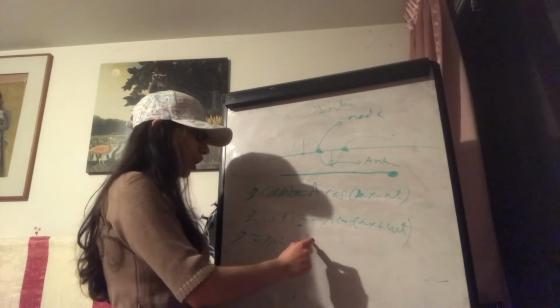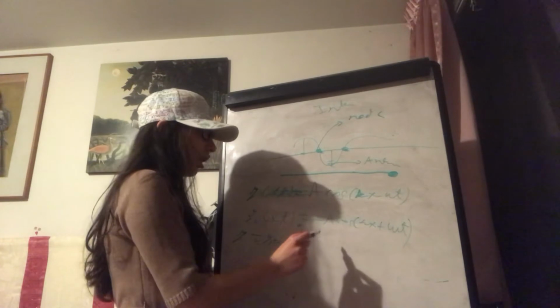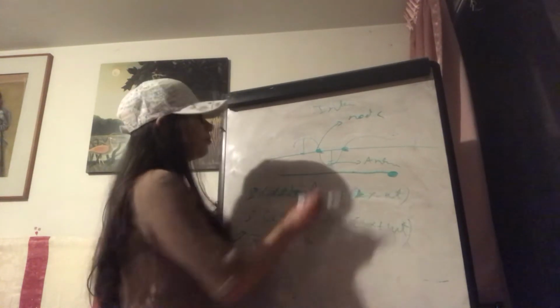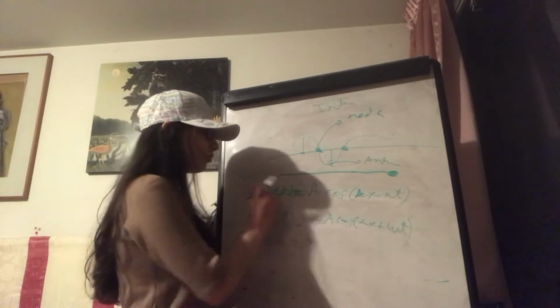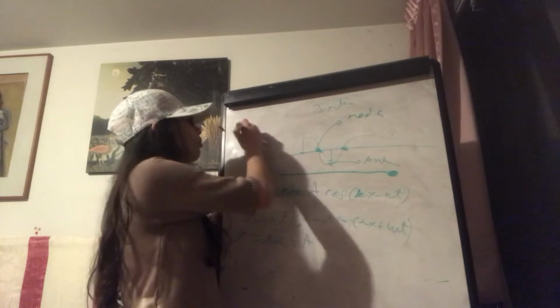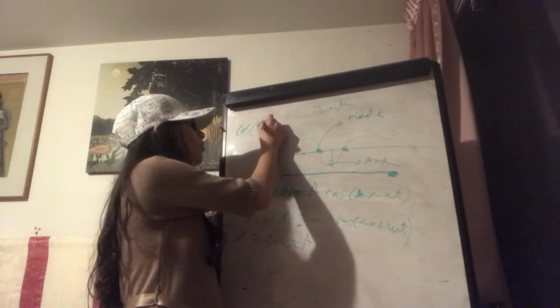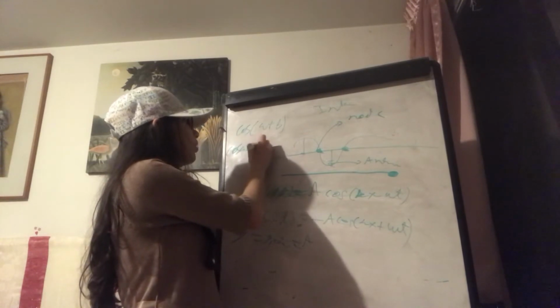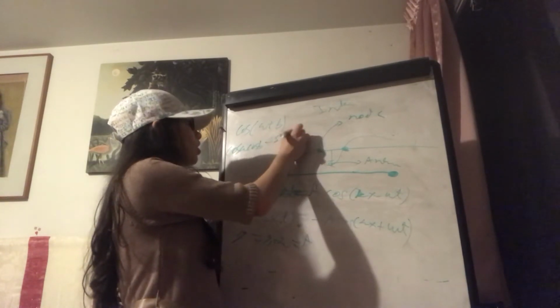a times, here I can factor this. Remember the identity of the cosine: cosine of a plus b is equal to cosine a cosine b minus sine a sine b.